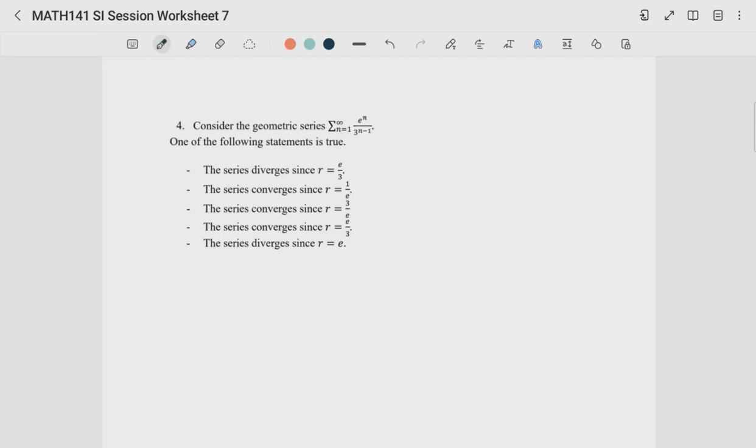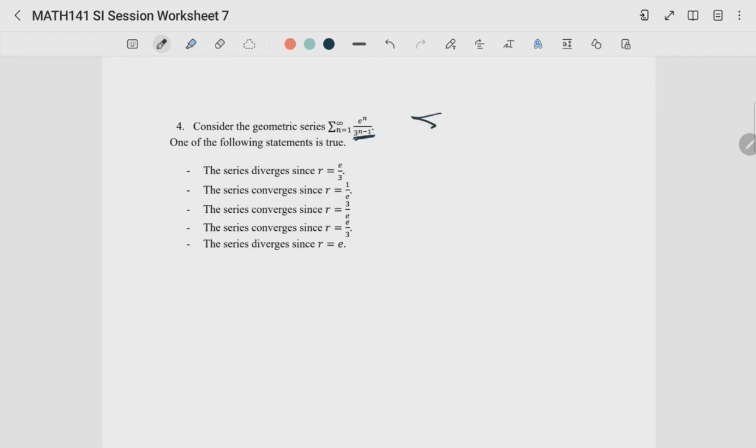We are asked to check if the series converges, and if it does, what's the value of r. As we can see, this is a geometric series. The problem already tells us that, so we don't even have to rewrite it.